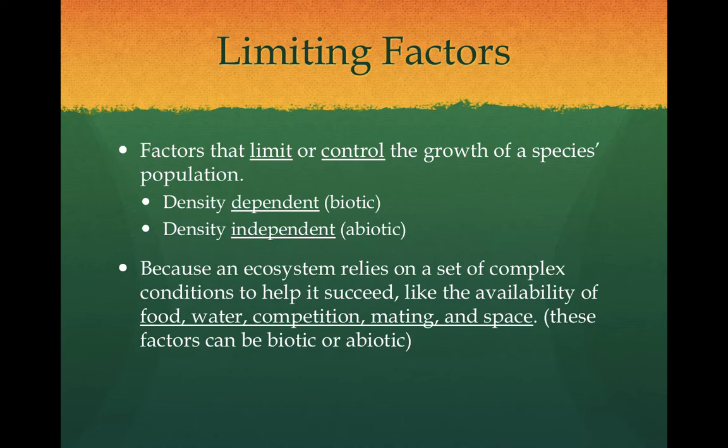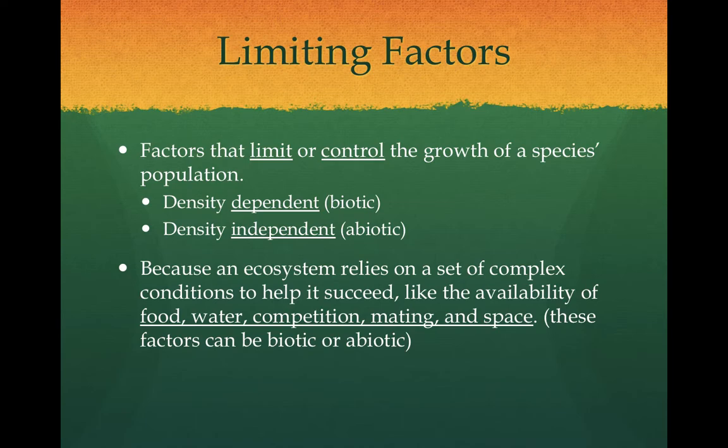Because an ecosystem relies on a set of complex conditions to help it succeed, like the availability of food, water, even competition, mating, and space, these factors can be biotic or abiotic.